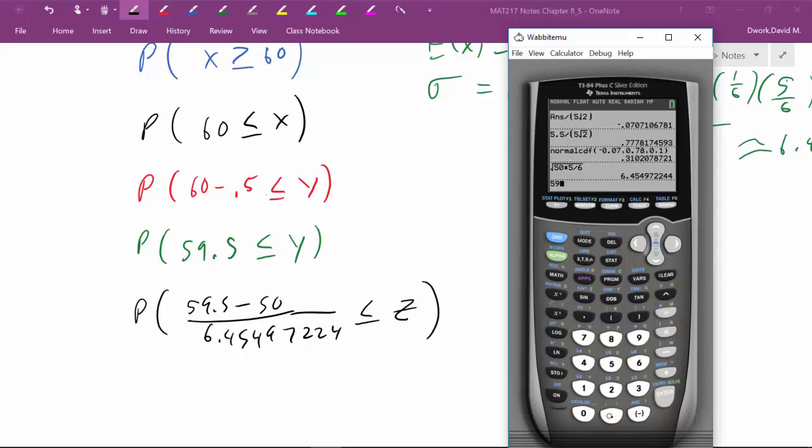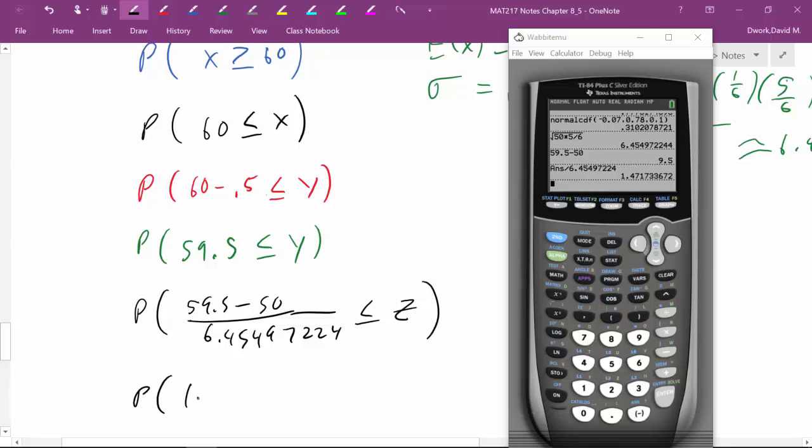So this is 59.5 minus 50 divided by 6.454972244. And we now have p of z greater than 1.4717.